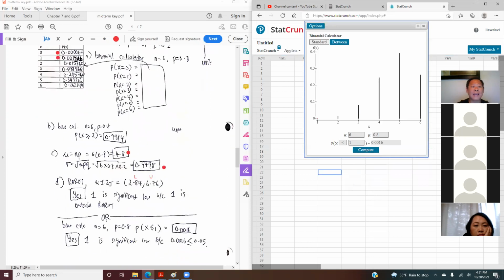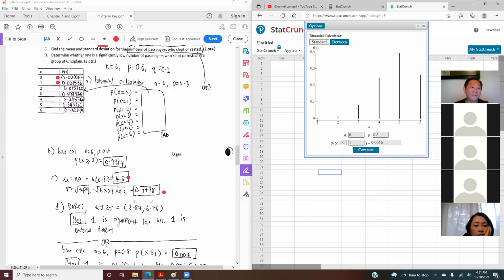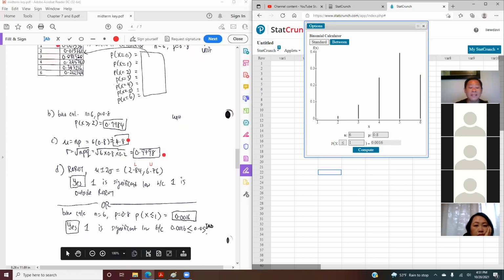So we are not looking at this 0.001536. We are looking at the addition of these two. And in order for you to have a significantly low, this probability has to be less than 5%, which it is. 0.0016 is less than 5%. So that's why your answer is still yes. 1 is significantly low here because this probability is less than 5%.